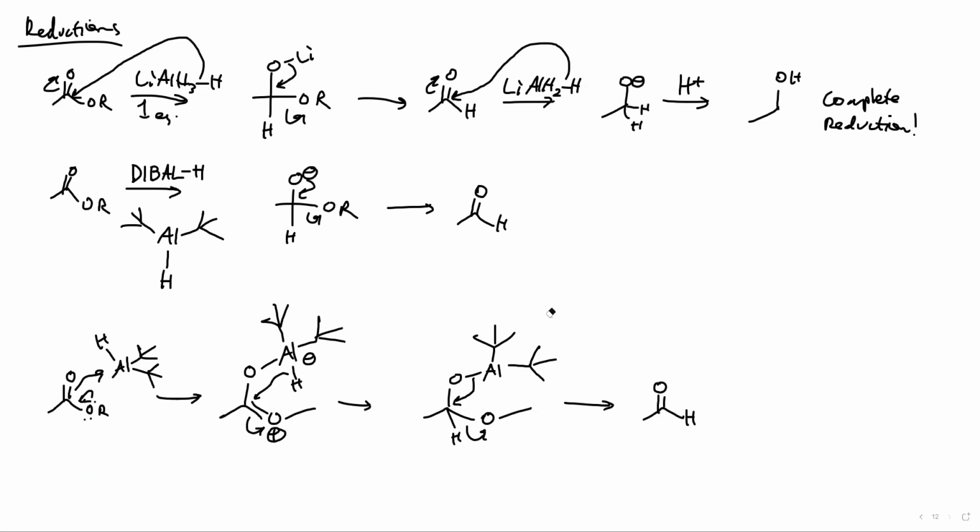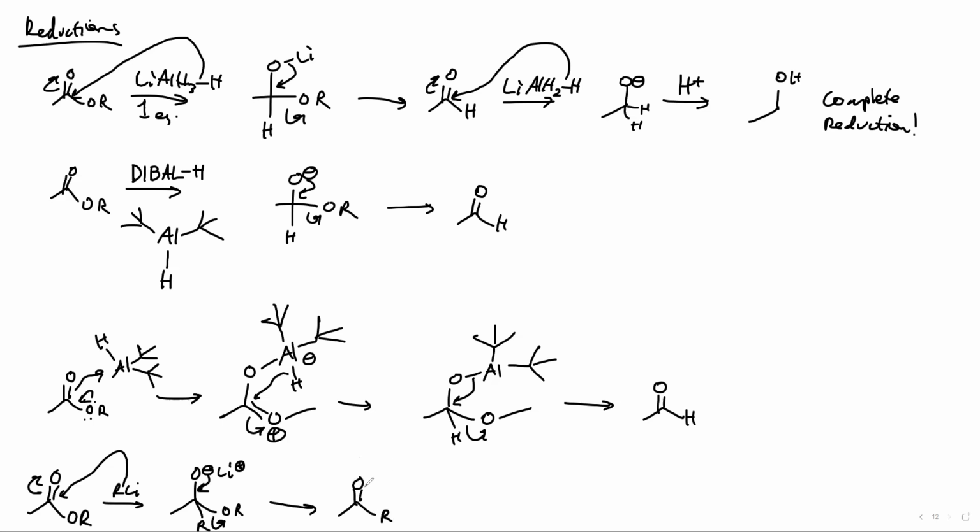Okay. Now, esters can also react with organometallics like RLi, and the reaction is very standard. Where O minus forms, kicks off OR, right? And what we get is a ketone.